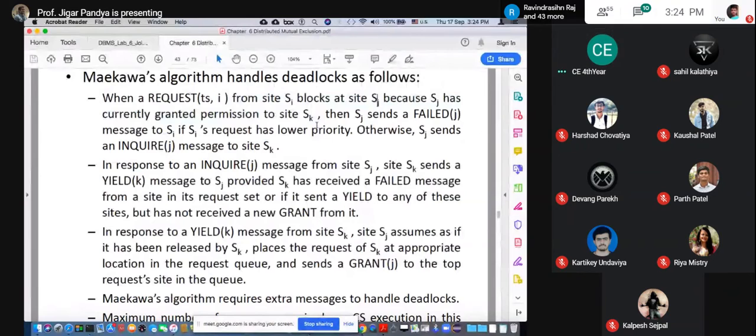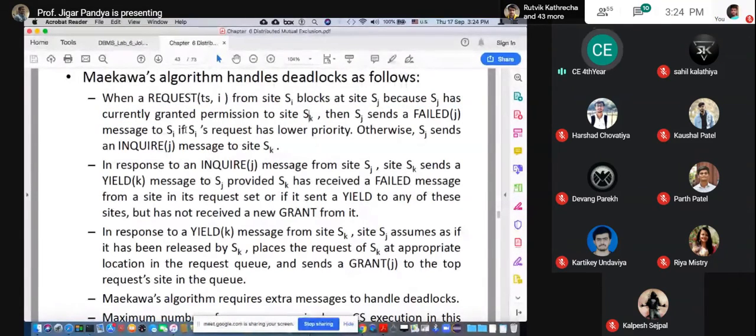Then Sj sends a failed message. It says, I'm sorry, I cannot give you a go because I have given a go to somebody else. So I repeat, site Sj sends a failed message to Si saying that I have given a go to Sk, so I cannot give you a go.